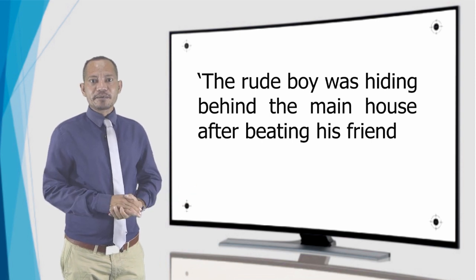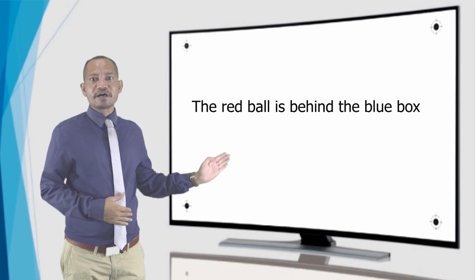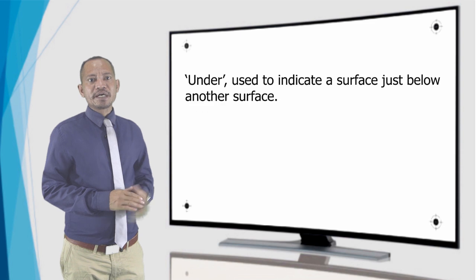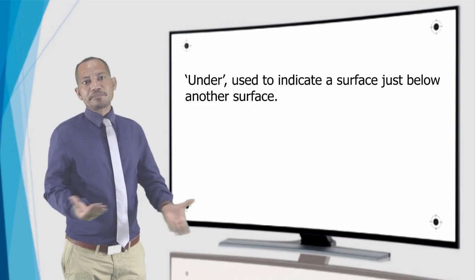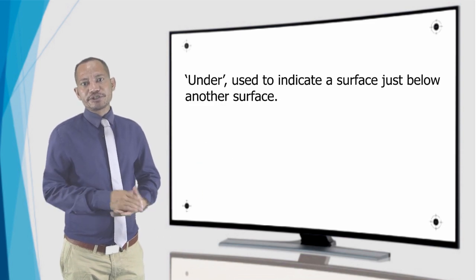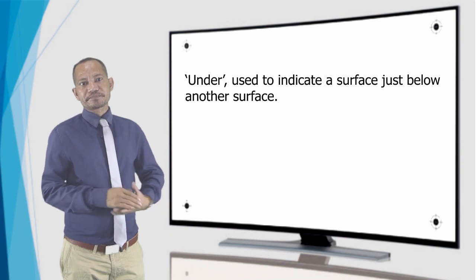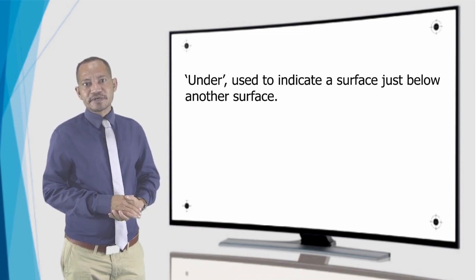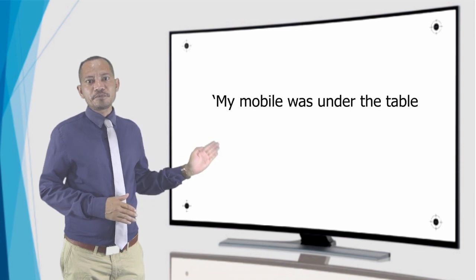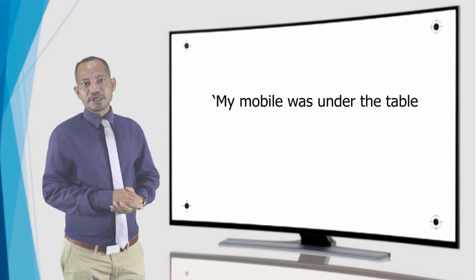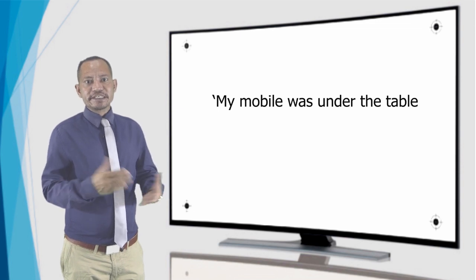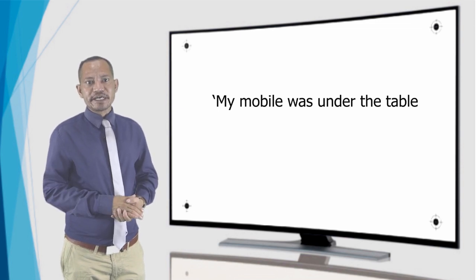Or another example, the red ball is behind the blue box, etc. Now, it's the word under. A preposition of place and location used to indicate a surface just below another surface. For example, my mobile was under the table. So the location here is just below the surface, which in this case is the table.